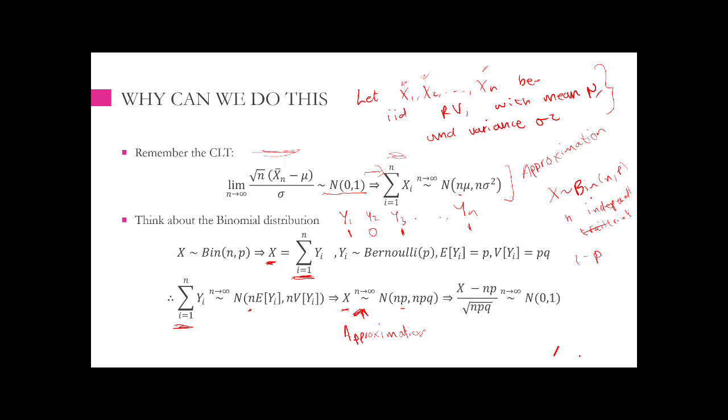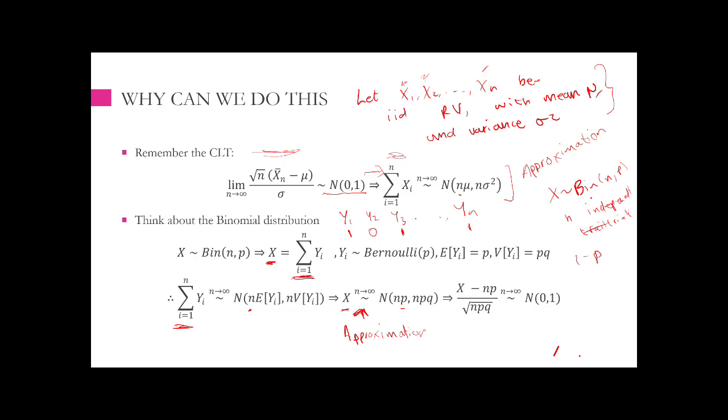Because obviously these p's and pq's, we've got a distribution that depends on an unknown value, so it's not a pivotal distribution, so it's not useful in statistical inference, but we can standardize it. We can subtract our mean and divide by our standard deviation, which is the square root of the variance, and we can get a standard normal. So that's essentially why we can use the normal approximation to the binomial, because of the central limit theorem and the fact that our binomial can be thought of as being a sum of n independent Bernoulli trials.